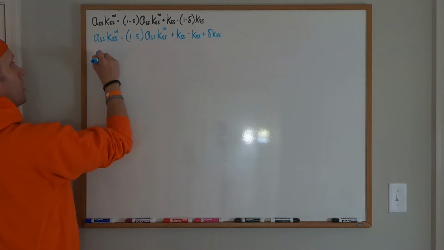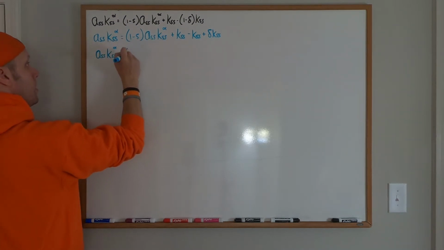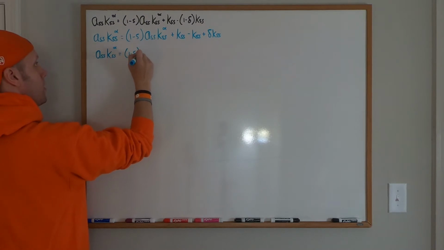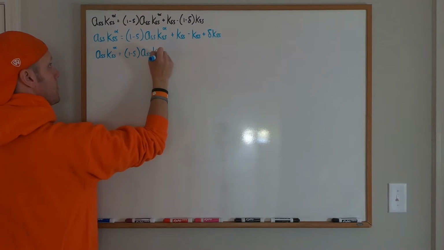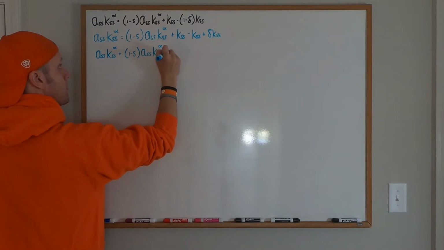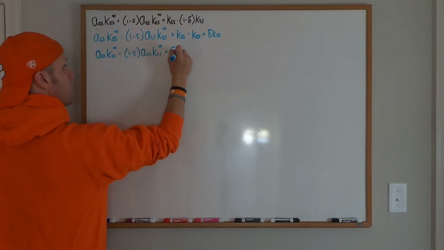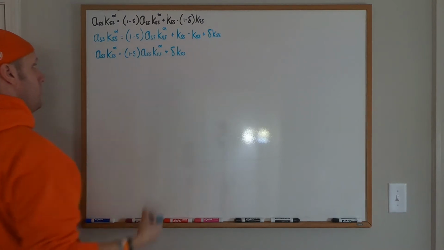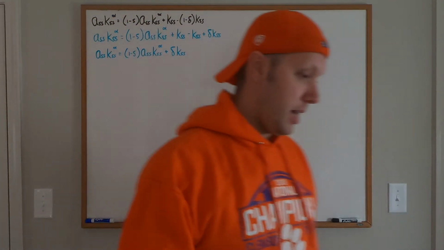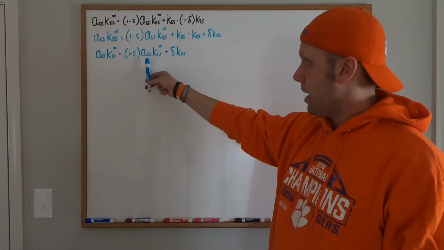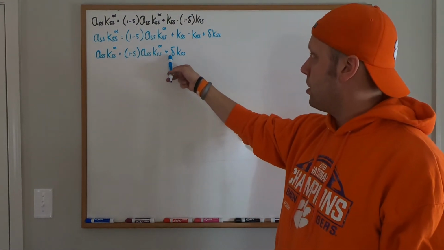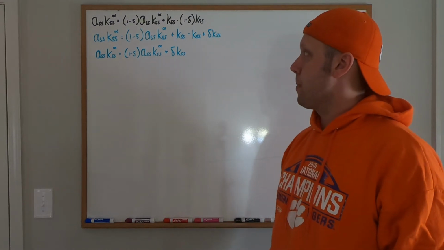This is what I end up with: ASS times KSS to the alpha equals 1 minus S times ASS times KSS to the alpha plus delta times KSS.